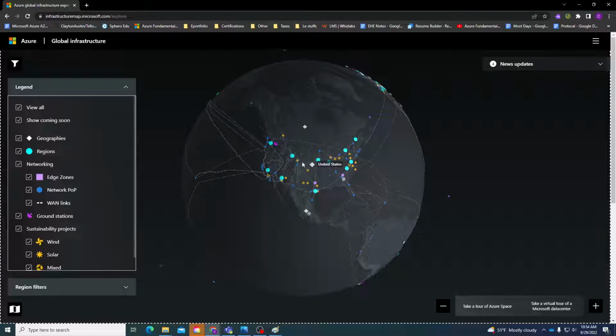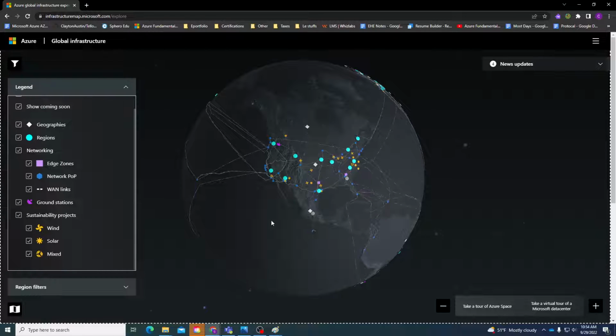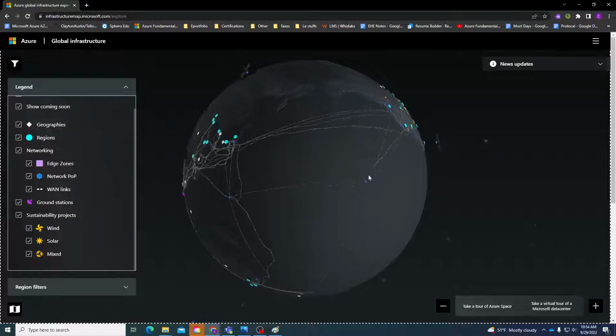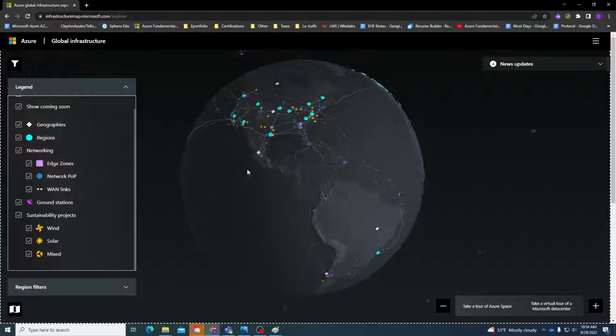So we've got United States, and within that there's regions such as West Central, West US, West US 2, West US 3, because we all need those, South Central US, Central US, etc. And those are the ones within the geographical region. And then all these connected lines that you can see here is what's connecting them all. It's known as Azure's global network.